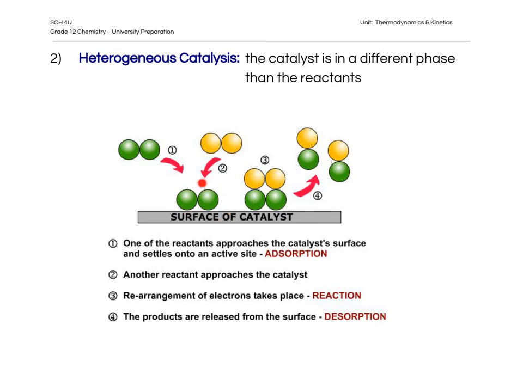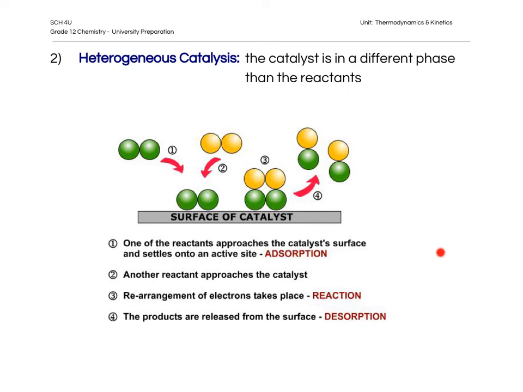So green molecule lands on this landing dock of a catalyst, and then yellow molecule lands on. Bonds between the green molecule's atoms and the yellow molecule's atoms break apart and then reform with each other. And when that happens, then the products are free to leave.